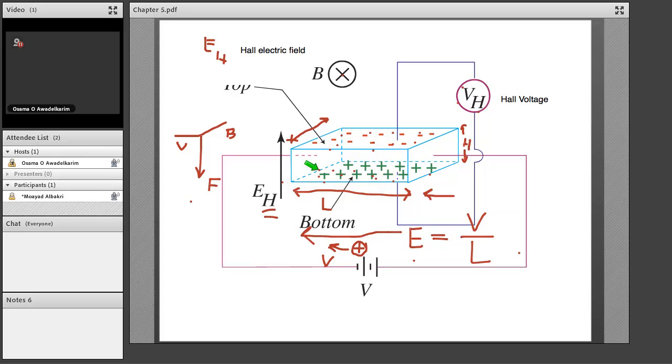So if I use for E V over L, and I know that the velocity, v_n, is actually mu_n, that's the mobility, times the electric field.